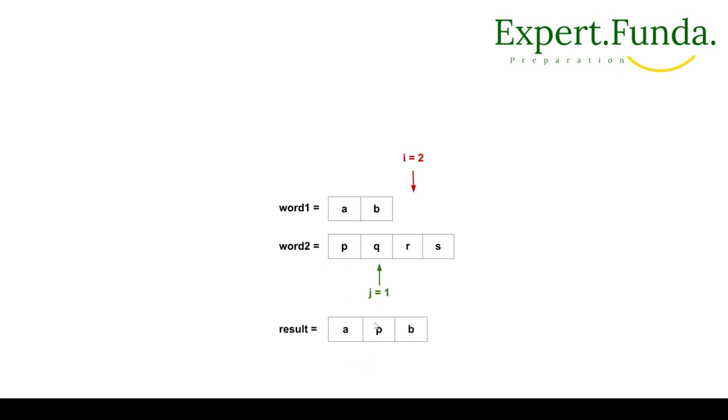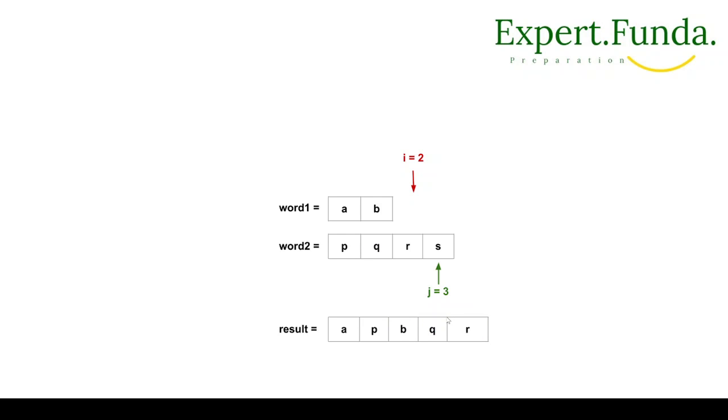Similarly, we have reached the last one, right? So now we will read B into here, and after completing, j will move to the next. In the next loop, j will move to the next and we will append that into the result.